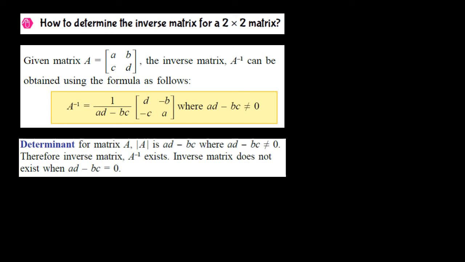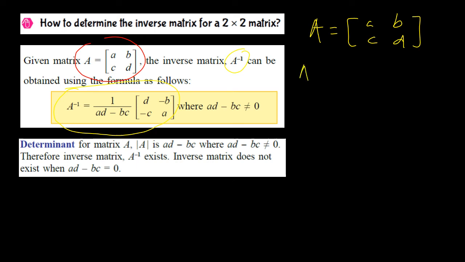If you are given this matrix, matrix A is [A, B; C, D]. How to find the inverse? The inverse of matrix A, there is a formula. Yes, this is the formula.